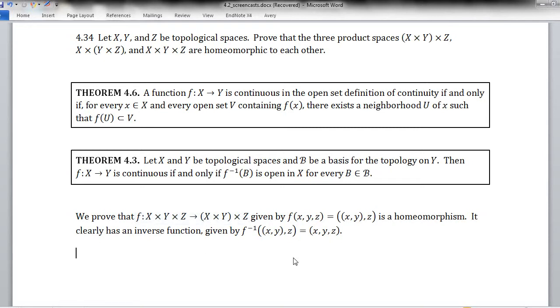So I'm going to construct a homeomorphism from this space to this space, and it's given by just the simplest thing you can imagine. (x, y, z) goes to ((x, y), z). The only thing to note is that the output has to be an ordered pair where the first coordinate is in X times Y, and then the second coordinate has to be in Z. So that would be the z here.